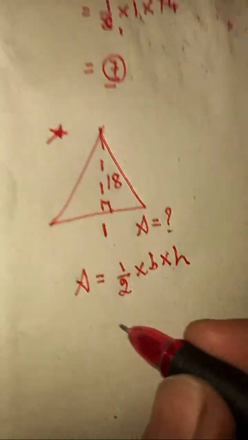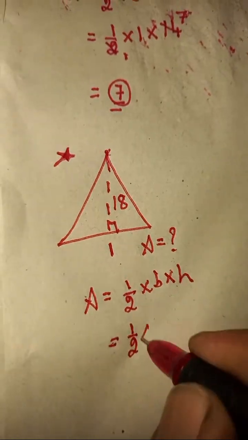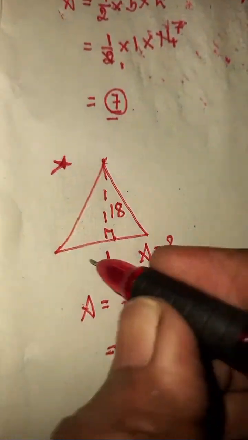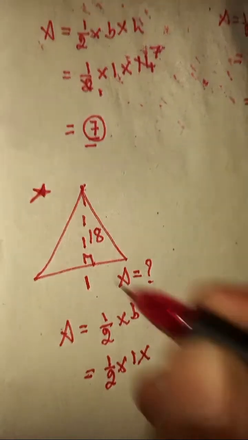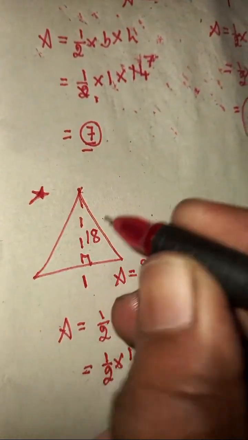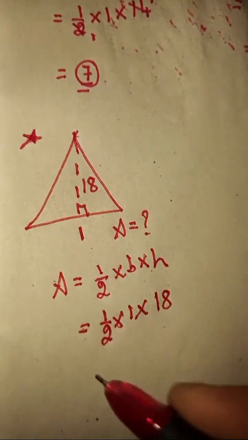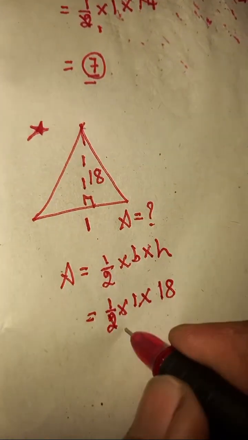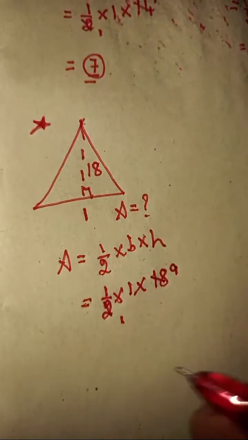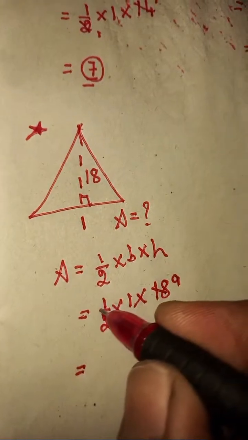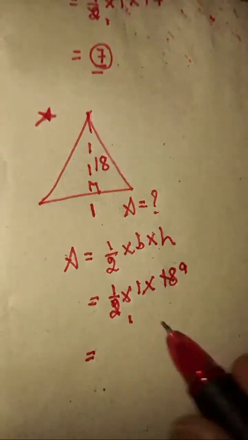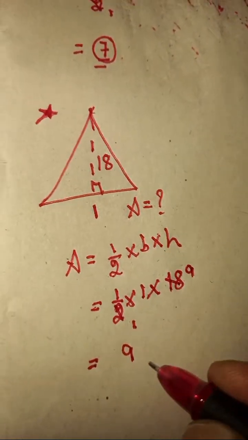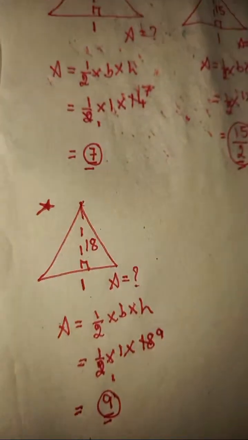So it is half times the base, which is 1 unit, times the perpendicular height, which is 18 units. Now you can divide: 2 times 9 is 18. 1 times 9 remains as 9, denominator 1, so it is 9 square units.